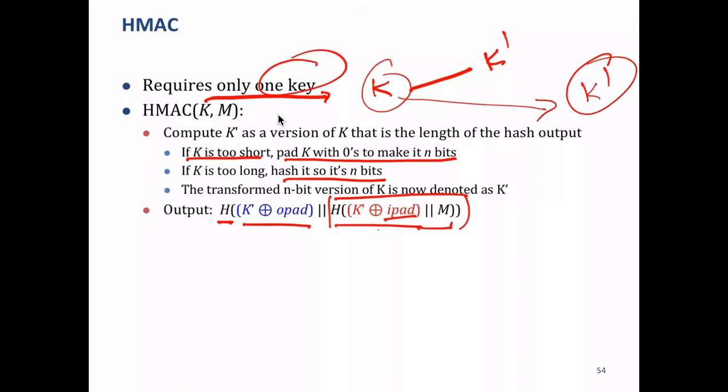We concatenate that with m, and we get this value. Then concatenate it with k dash exclusive OR with OPAD, and then this complete output we hash it. Okay, it's a little confusing. It will become clear once you look at the diagram.